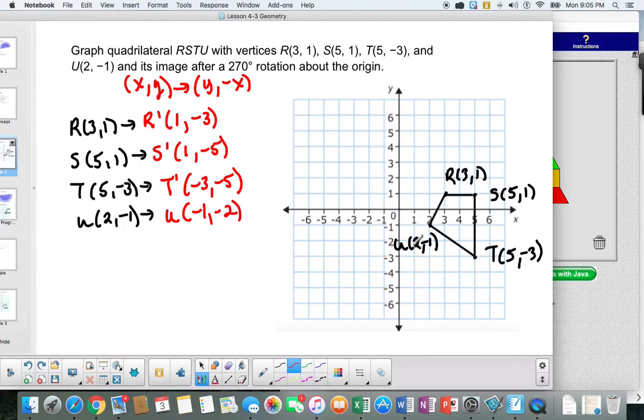Okay, how about (1, -3), (1, -5), (-3, -5), (-1, -2). And I'm going to join them. And you can get the feel of this thing turning 90, 180, and then 270.